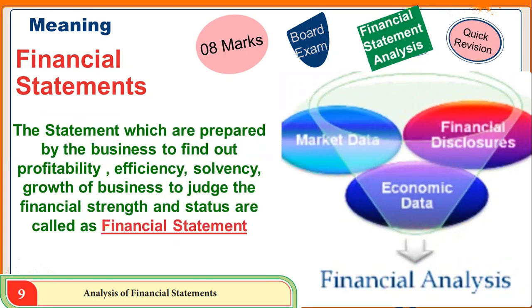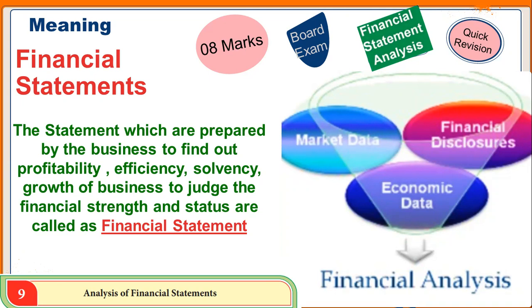Meaning of financial statement. Financial statement is a periodically prepared statement, generally at the end of the financial year, summarizing information recorded in the books of accounts. It is prepared to find out the profitability, efficiency, solvency, growth of business, and to judge the financial strength and status.